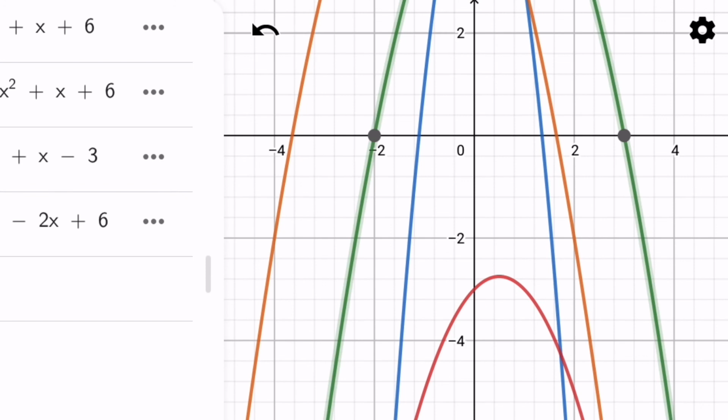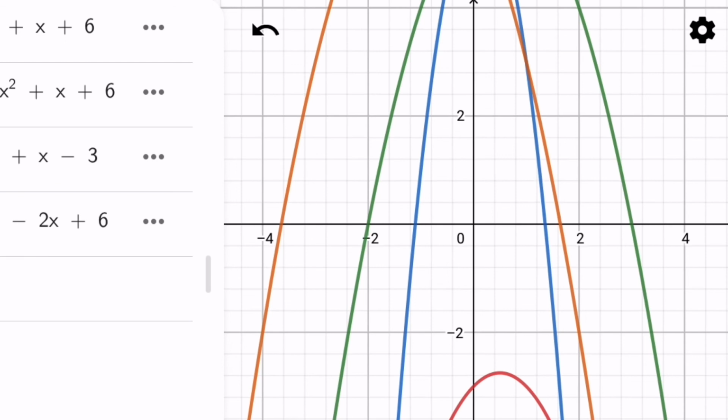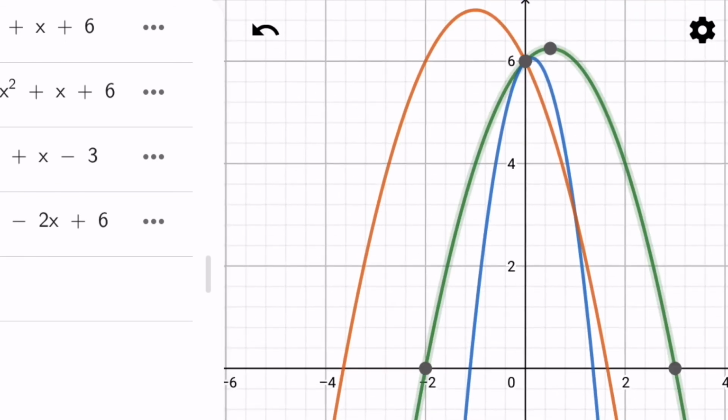If we change b, it will translate left or right, but if we change c, it will translate up or down, depending on the c value. If c is negative, it will go down. If c is positive, it will go up, right? Okay, so that is how we explain the changes of the graph when a, b, c change. All right, so that's all my sharing about the quadratic function.